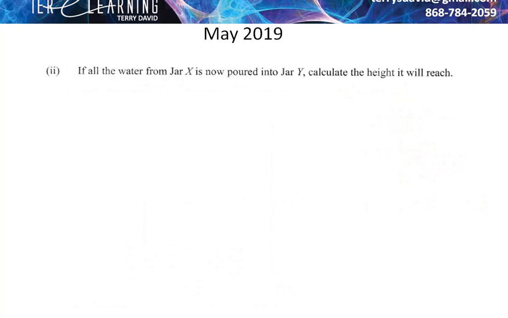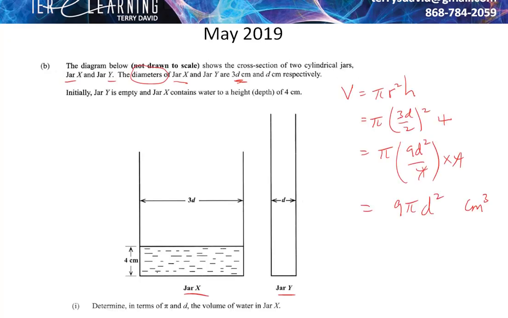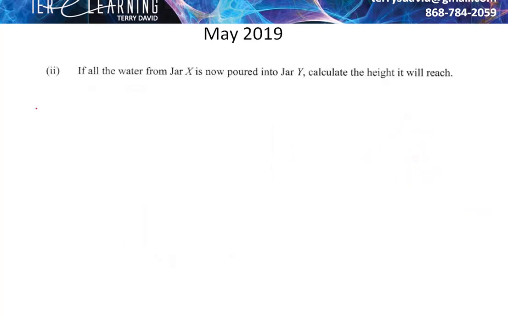Then in part 2 now, they said all the water in jar X is now poured into Y. So we just worked out the volume, right? The volume of the water in jar X is 9 pi d squared. So V is equal to 9 pi d squared, that's the volume in X. And they told us it's now poured into jar Y. Calculate the height.